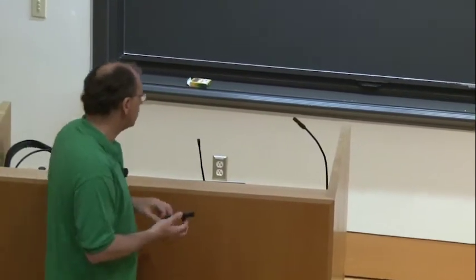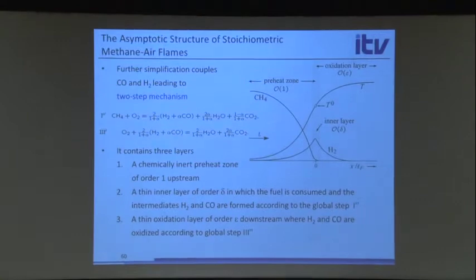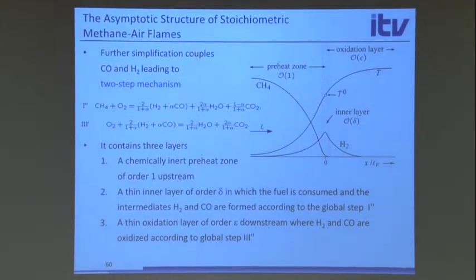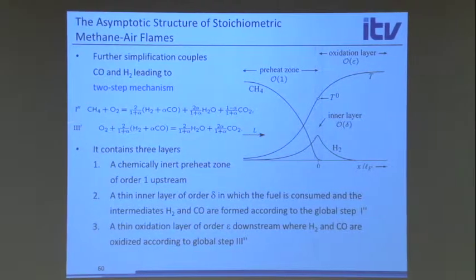So this is then what's shown here. You have the preheat zone. That has nothing to do with the reactions. It's just heating up the fresh mixture. But then there is an inner layer, which is where this reaction happens.